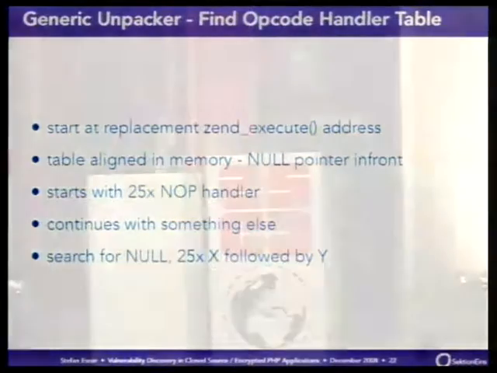And then I search for this structure in memory. Actually finding the structure in memory is very simple, because I know it's aligned in memory. That means the bytes before will always be null. So I search for a single null pointer and then for something else. I know that there are 25 opcode handlers per opcode, and there are no different types to implement an opcode, so every one of these 25 opcode handlers is the same.